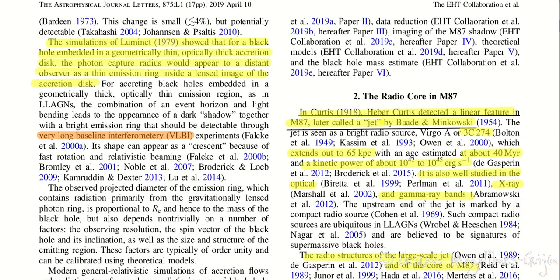For this paper, the authors study the simulation of Luminet, who presented the first image of a black hole in the paper of 1979.